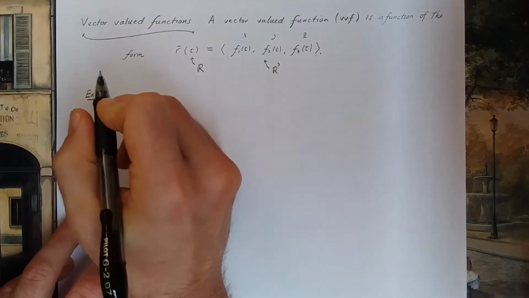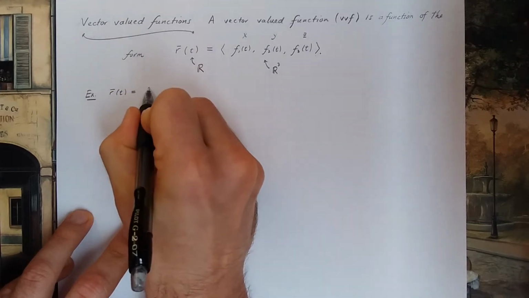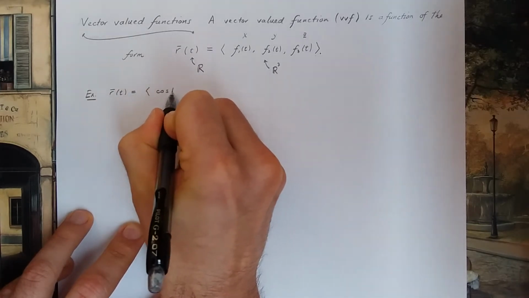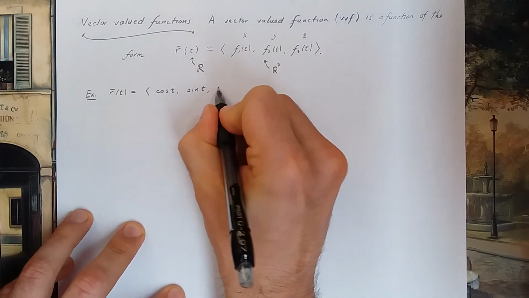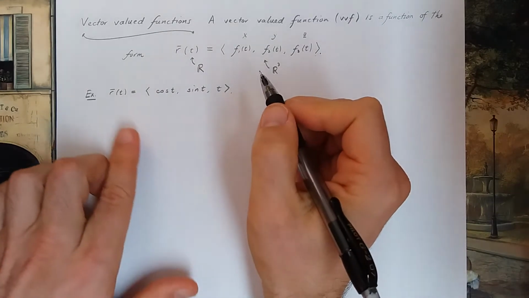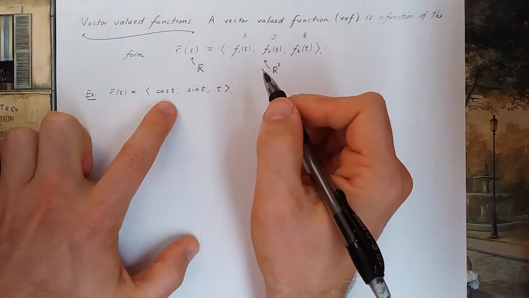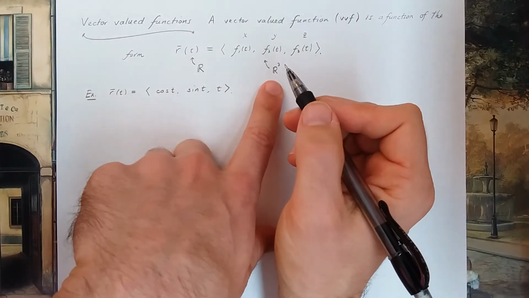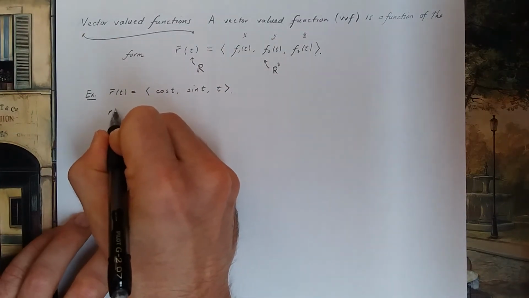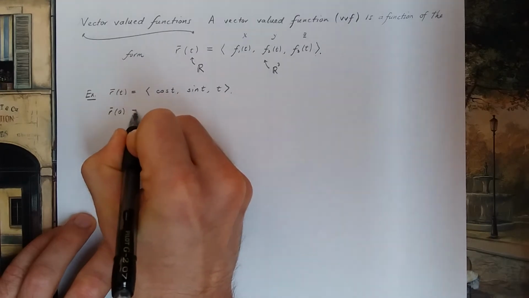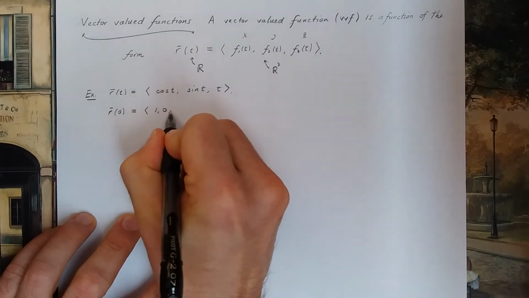How about the vector-valued function r of t, which is cosine t, sine t, and t. So I can plug in different values for t, and I can get out different vectors in R3. That's all there is to a vector-valued function. So r of 0, for example, I can plug in t equals 0, and I get the vector 1, 0, 0.